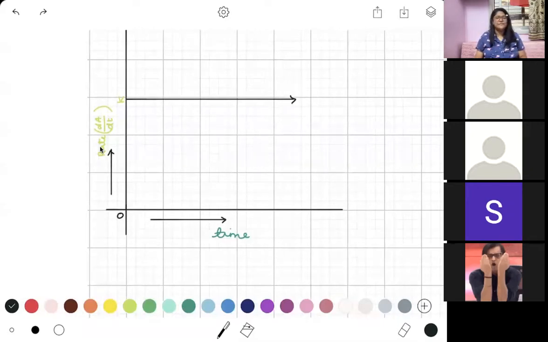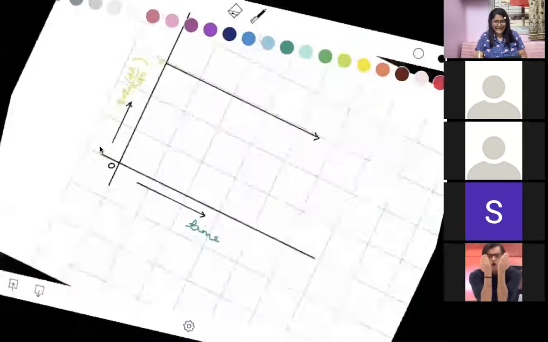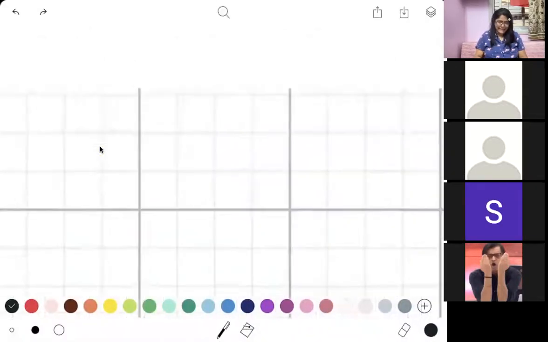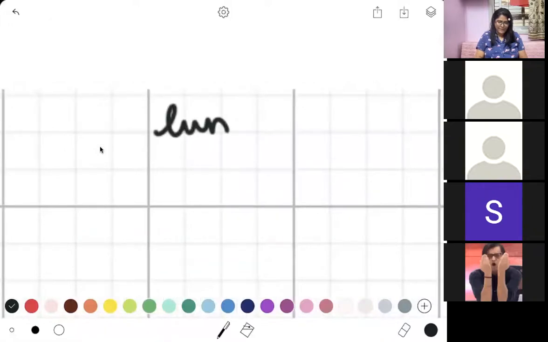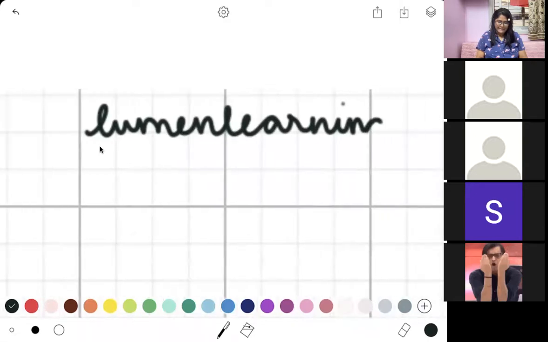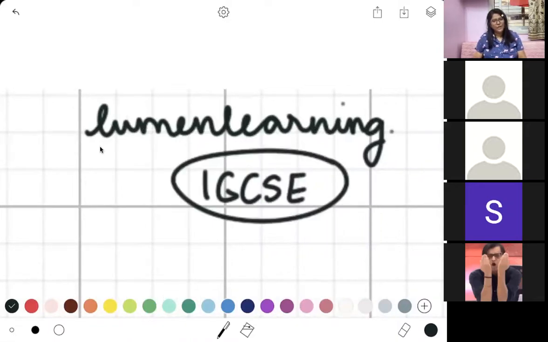I will. I would also suggest you look at this particular website. It is called Lumen Learning. It is not specifically meant for CBSE. I'll write the name over here. Lumen Learning. This is a website that has been created specifically for the Cambridge Board IGCSE, but they have very good explanations of the topics.